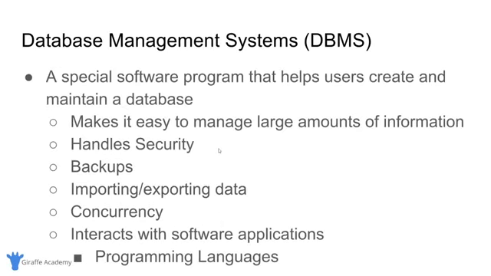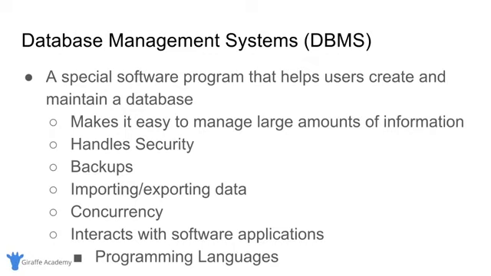So let's talk about how we can go about creating databases on a computer. Now, a database could be as simple as a text file where you store information, or it could be a Microsoft Excel file, right? But generally, if you're going to be using a database with an application, or you're going to be using a database to store huge amounts of information, a lot of times what people will do is they'll use special software which is designed to help you create and maintain a database.